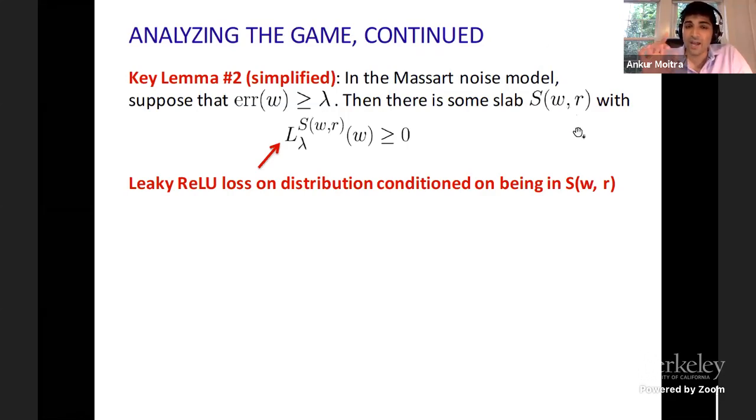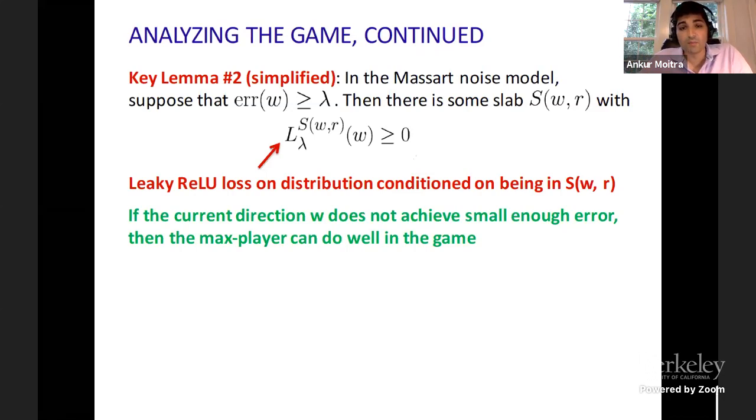Remember, a slab is defined by direction W and some threshold R, where you look at points between -R and R. There is some slab where the leaky ReLU loss restricted to just the portion of the distribution that falls within that slab is large. So we know that the true W star has negative loss, and yet by virtue of the fact that W has large error, this loss on some bad slab is actually too large. It's not only not negative, it's actually potentially positive.